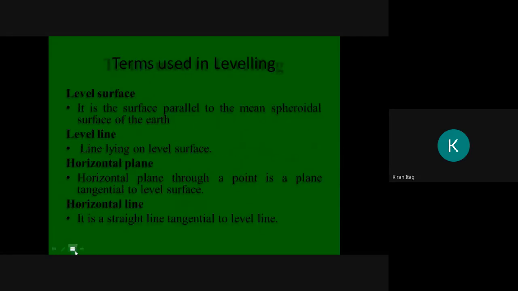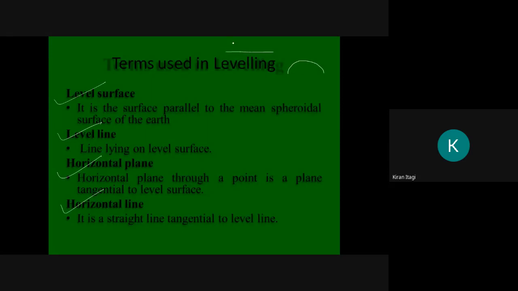Next, terms used in leveling: level surface, level line, horizontal plane, and horizontal line. What is a level surface? It is a surface parallel to the mean spheroidal shape of the surface of the Earth. Initially I said that in geodetic surveying we consider the actual shape of the Earth, and in plane surveying we consider the Earth as flat.